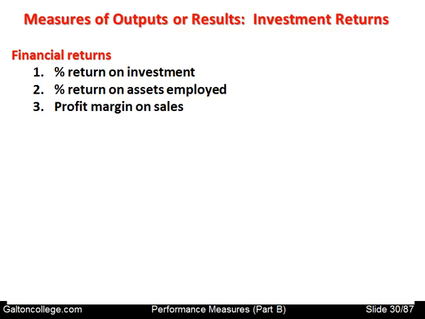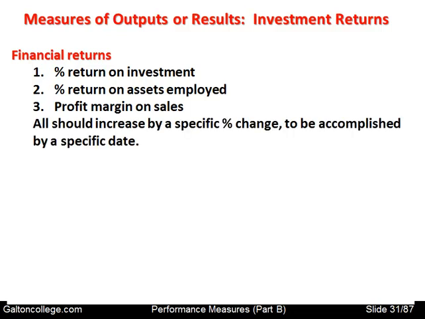Look at the profit margin on sales to see if the profit margin, let's say the gross profit margin, justifies that particular line of production. All should increase by some specific percentage change and to be accomplished by a specific date.